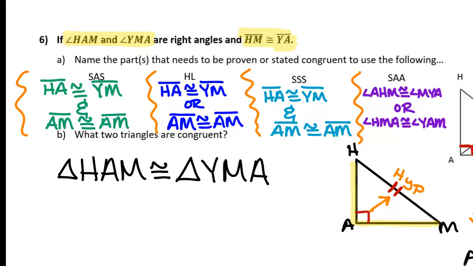Make sure you're matching up the corresponding congruent pieces. I could have named that first triangle differently. I didn't have to do H at the beginning, but wherever H falls, that has to correspond with where Y is in the other triangle name. They have to be in the same positions.